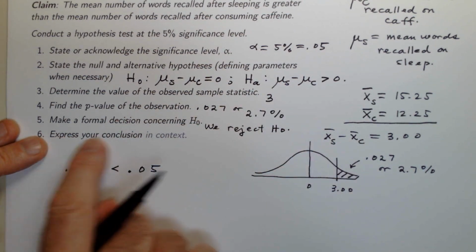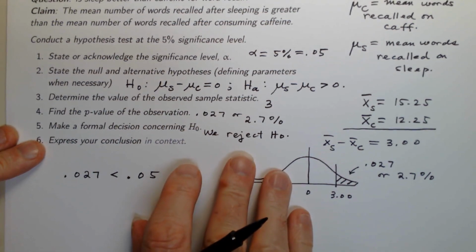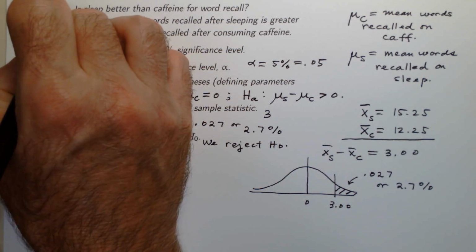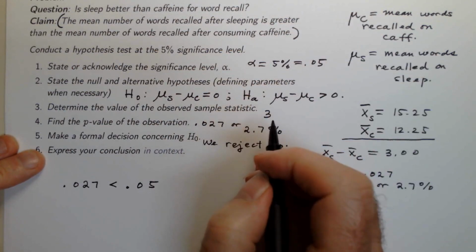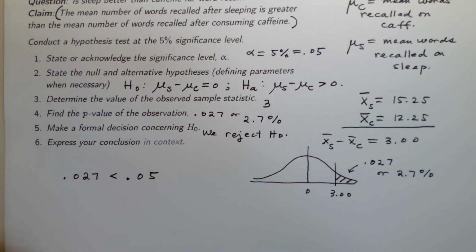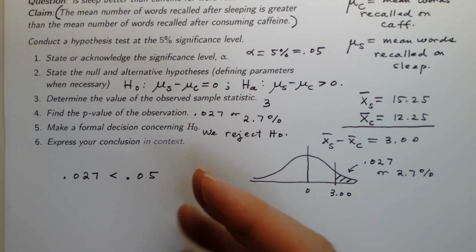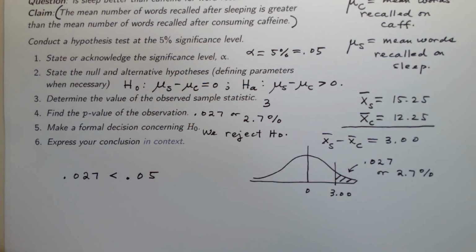Now, what we want to do is finally express the conclusion in the context. And what we can do is, if we've been very careful about articulating our claim, all we have to do is add a clause in front of that which is consistent with our finding, our rejection of H naught and the lending of our support to the alternative hypothesis.